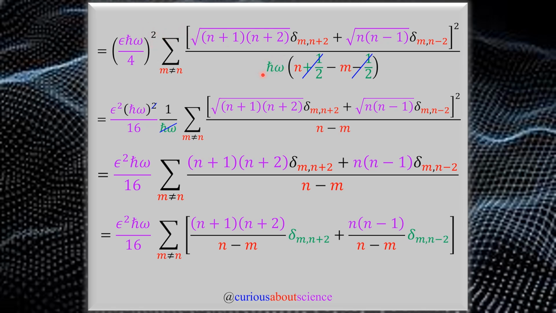Okay, we factored out an h bar omega from both the energy terms, and voila, that 1/2 and 1/2 cancel. How beautiful is that? We don't need the cross terms anymore because the Kronecker delta versus the summation indices are not going to match, so we're good there. So bringing this h bar omega out front, we cancel that with one factor of the square here, so we're good to go on that front.